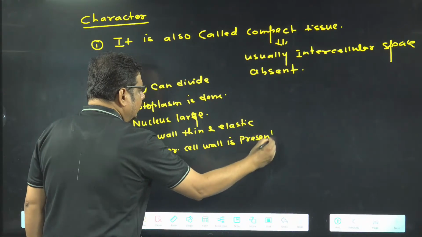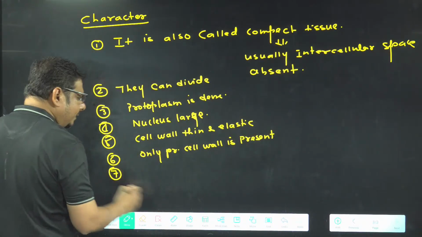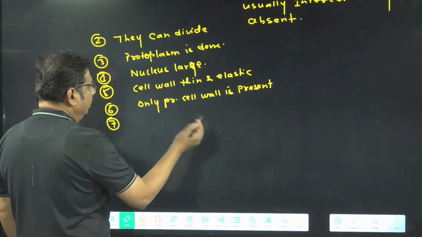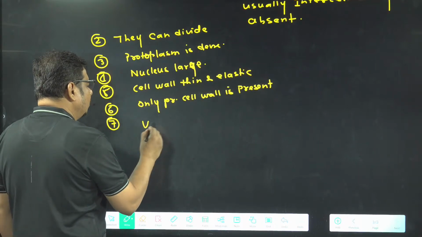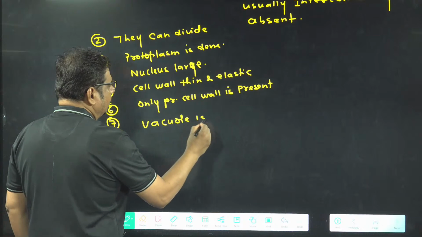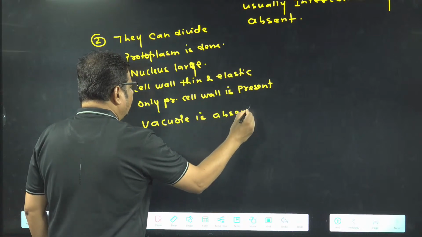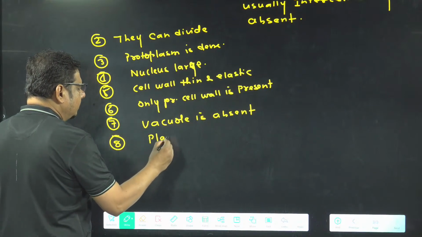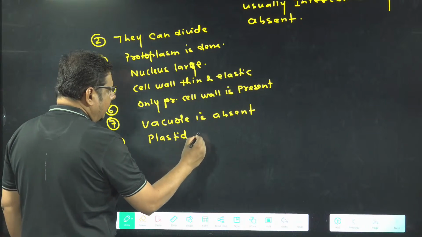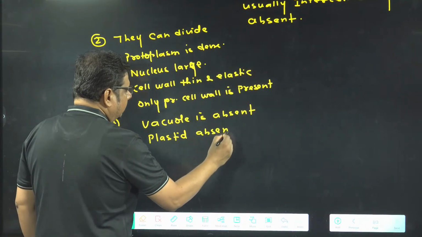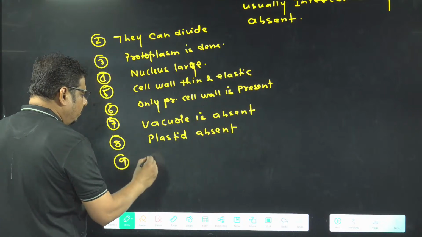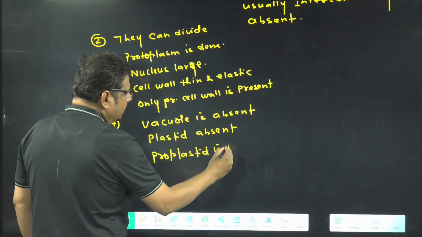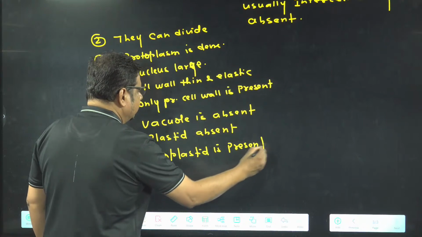These all are the characters present in the meristematic tissue. Seventh character I am writing about the meristematic tissue is vacuole is absent. No vacuole is present in the meristematic tissue. Eighth character, plastid is absent. Ninth character, proplastid is present. Proplastid is the precursor of plastid.